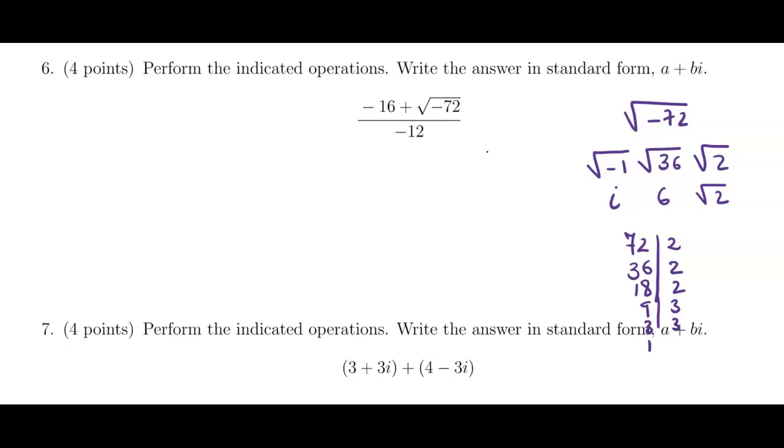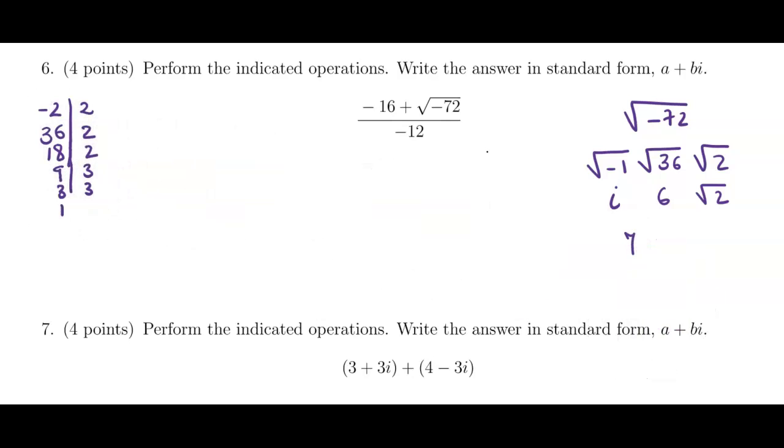So this is my prime factorization. How do I know what my perfect squares are? Perfect squares are in pairs, so 2 and 2 is a perfect square, and 3 and 3 is another perfect square. So your total perfect square is this entity, which is 36.